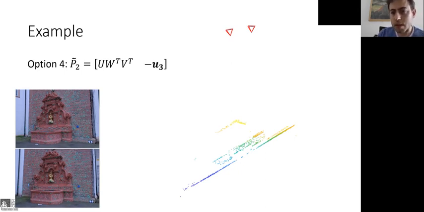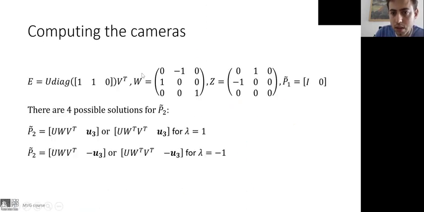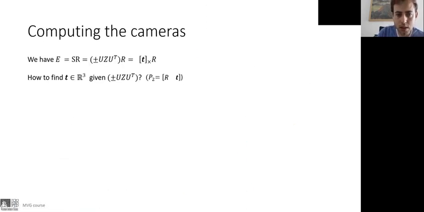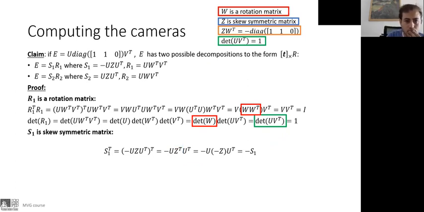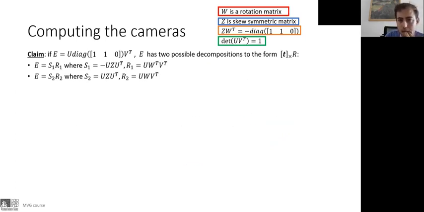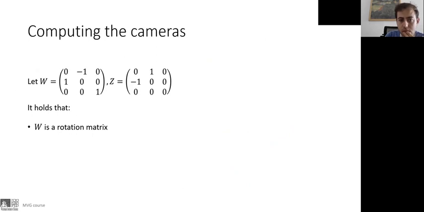About U and V, it was really early in the slides where you use the SVD decomposition and then you defined E with the average of 2 singular values.